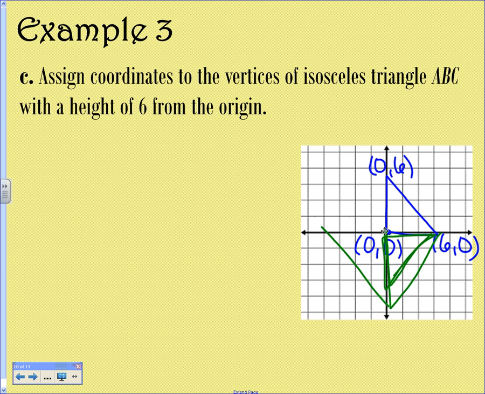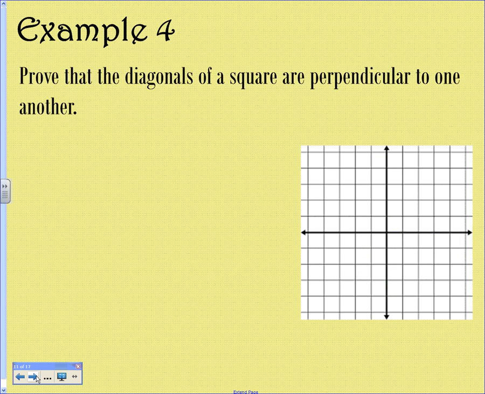Mm-hmm. Yeah. Okay. So now we want to prove that the diagonals of a square are perpendicular to one another. So how would we do that? Okay, let's draw a square. Where do we want to put our square? Somewhere at the origin. Okay. And where else?